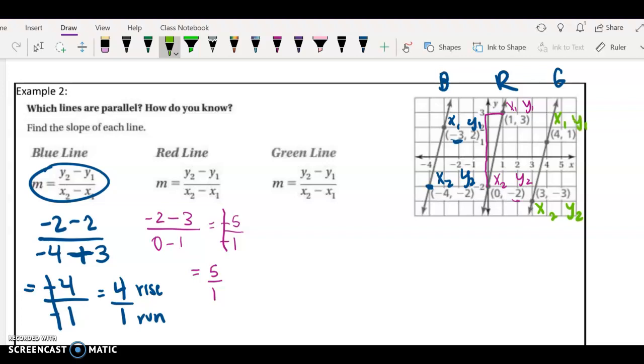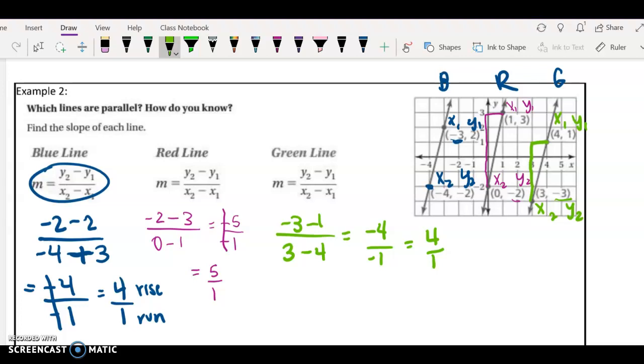So my y2 is -3 minus my y1, which is 1, over my x2, which is 3, minus my x1, which is 4. -3 minus 1 is -4. 3 minus 4 is -1. And that gives me 4 over 1. So that means I ran 4, 1, 2, 3, 4. I went over 1.